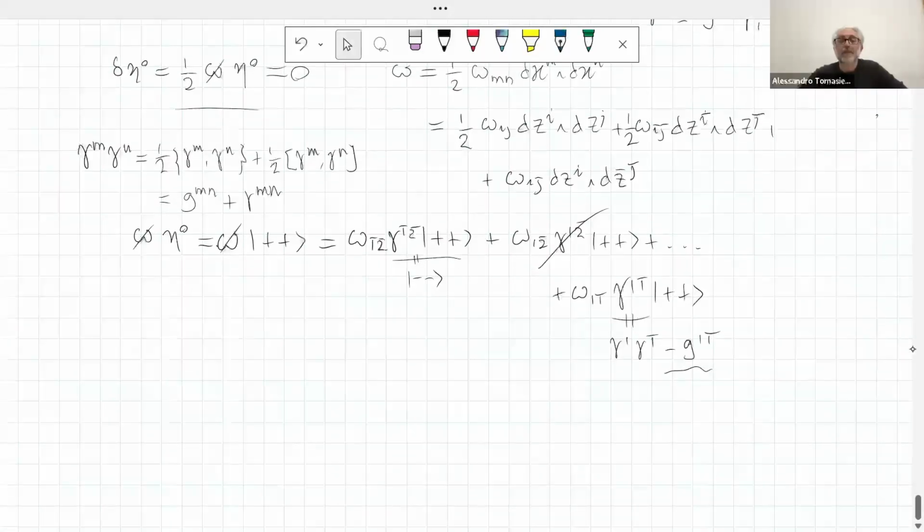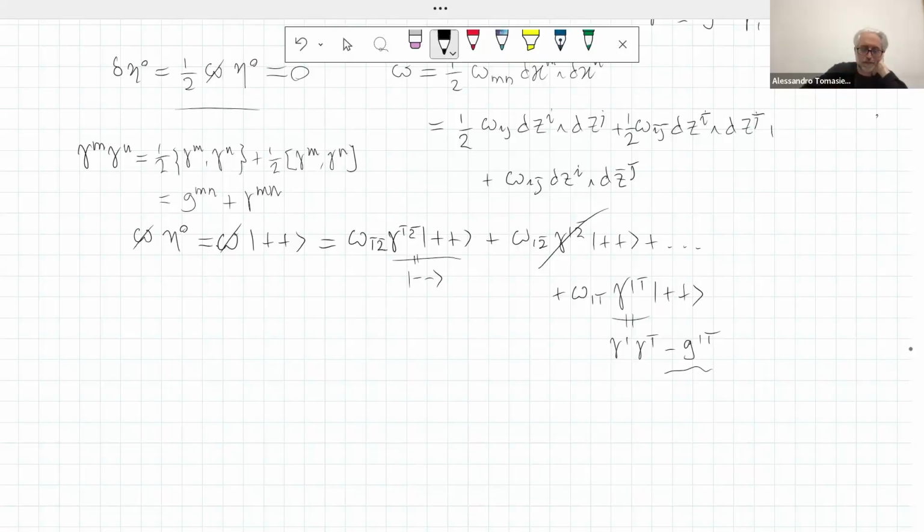Okay, I'm doing this a bit schematically. Hopefully, I'm giving you the idea of what's going on. But let me now tell you the final result. So the final result is that you need to set to 0.